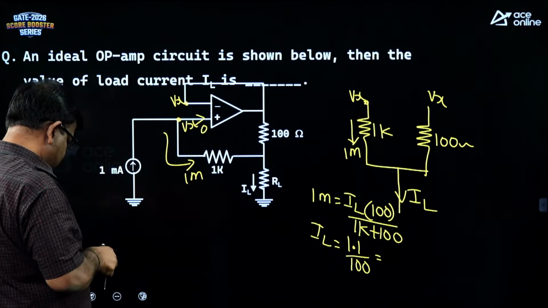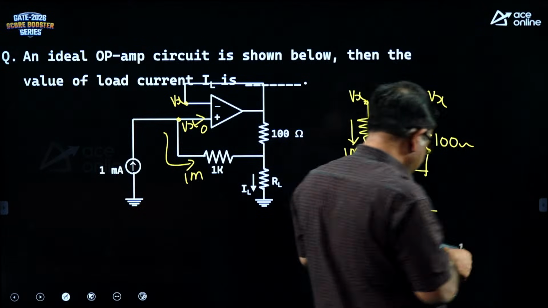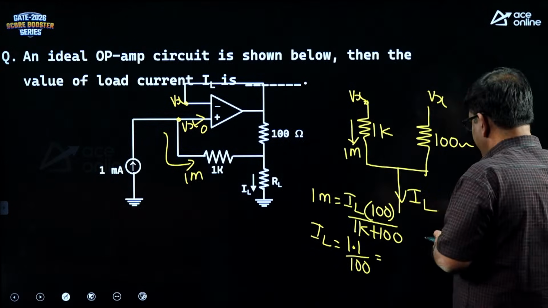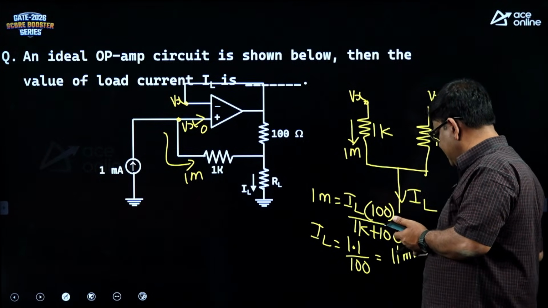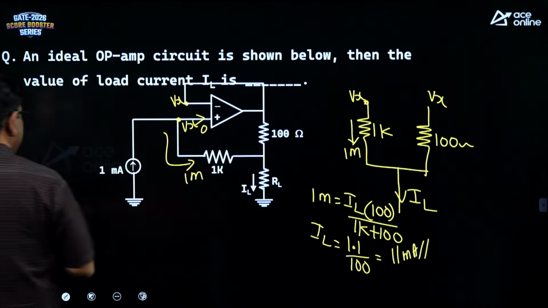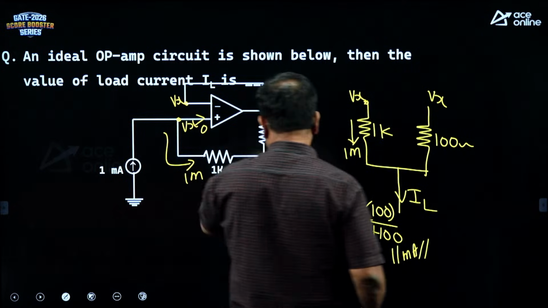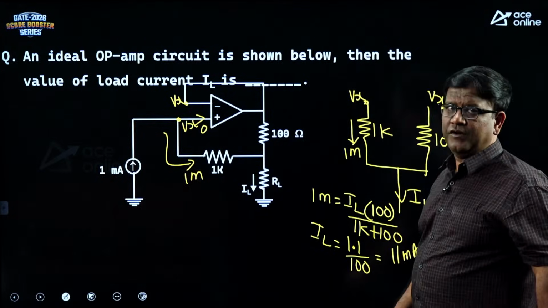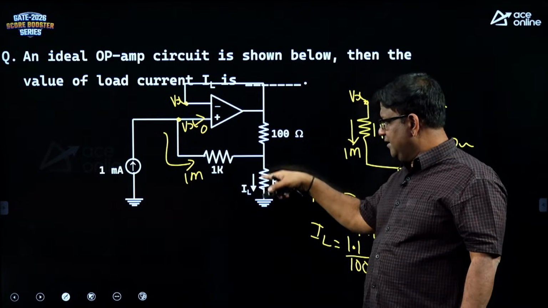Around 11 milliamp. So, this is by the current division formula. Otherwise, you can take an extra node Vy and calculate, but that takes time. You have to solve an extra equation for that.